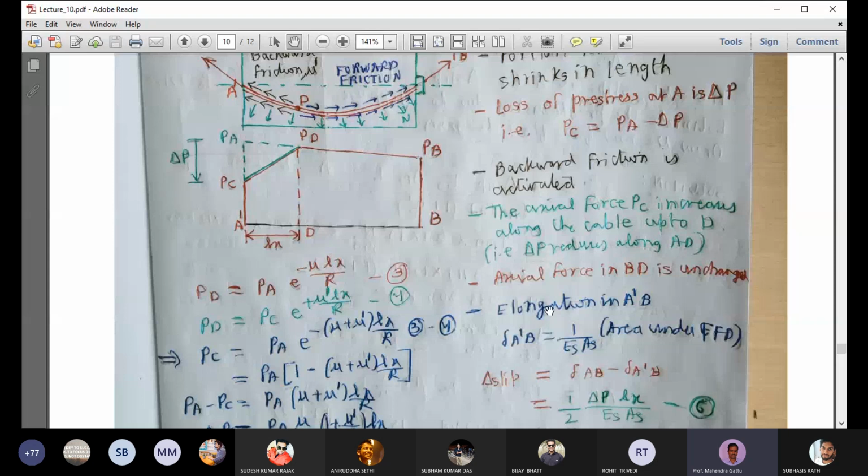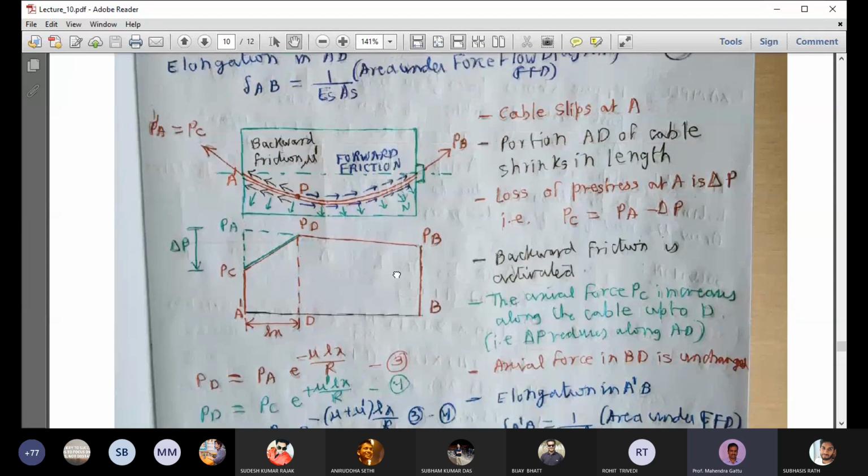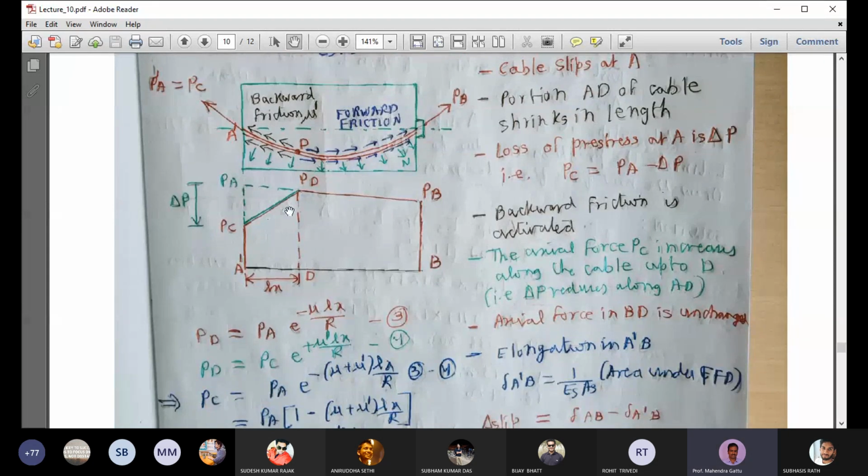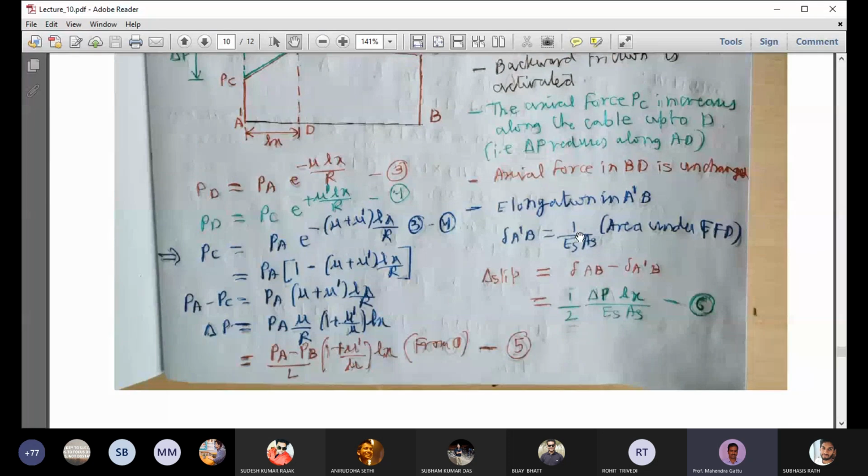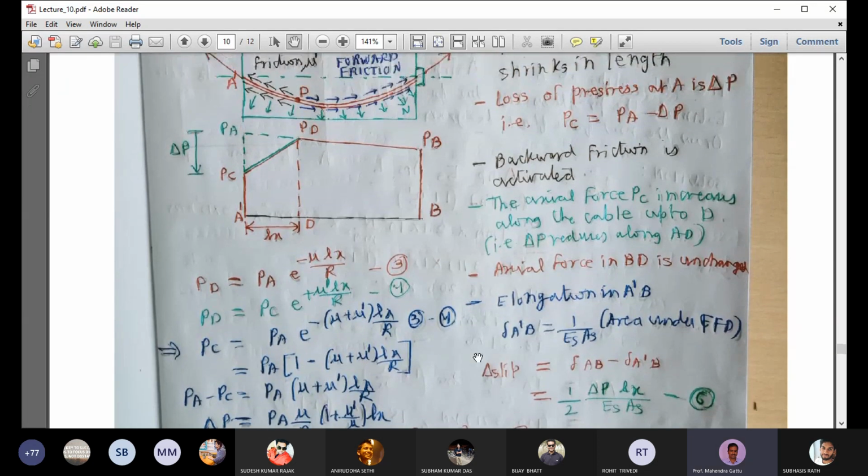So first thing we can know is the length of the cable AB after slipping has occurred at point A. The length of the cable will be the area under the force flow diagram. So delta A prime B is equal to the area under the force flow diagram divided by ES/AS. What is the area under the force flow diagram? It is the area under this solid line curve.